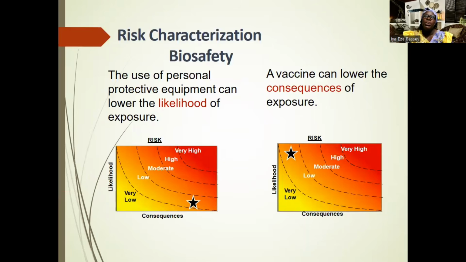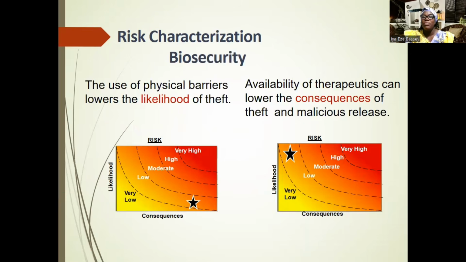So, for instance, if you are looking at biosafety, you can find out that things like the use of PPE can lower your likelihood of exposure, all right? Vaccines also, if you use a vaccine, it can lower the consequence of exposure, all right? So those are things you need to think of when you are characterizing risk.